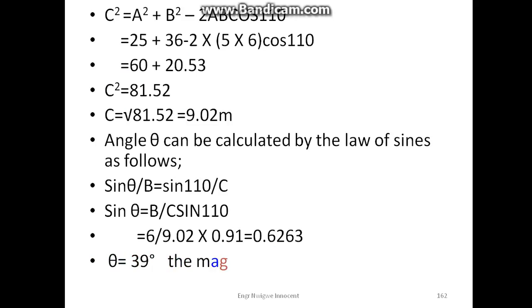And finding the inverse of 0.6263, we now have theta equal to 39 degrees. The magnitude is 9.02, making 39 degrees with A.